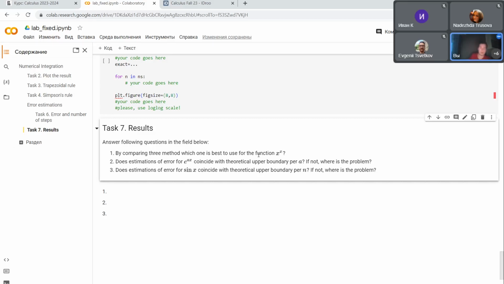What are the specifics of approximations for e in power ax and such things? But I don't want to discuss these questions because you need to work a little with your own hands before you will understand the idea of these questions, I think.